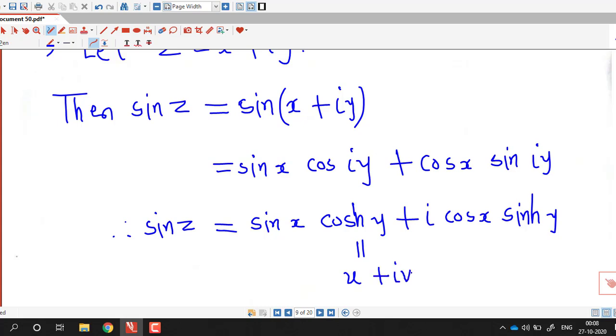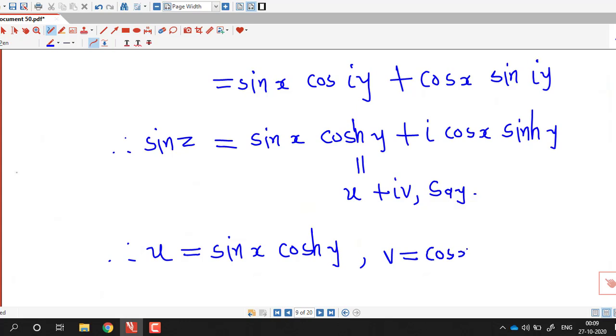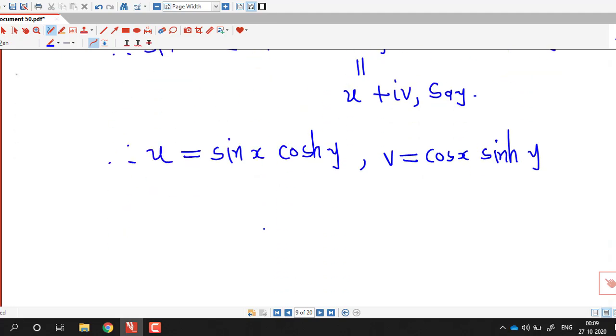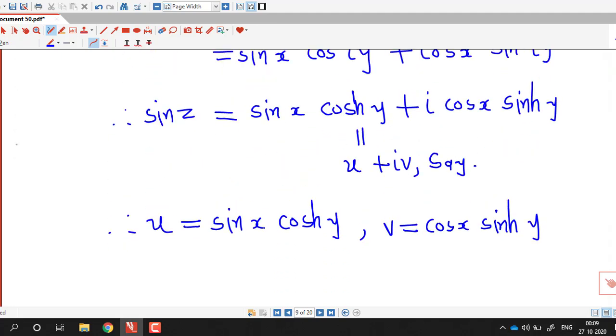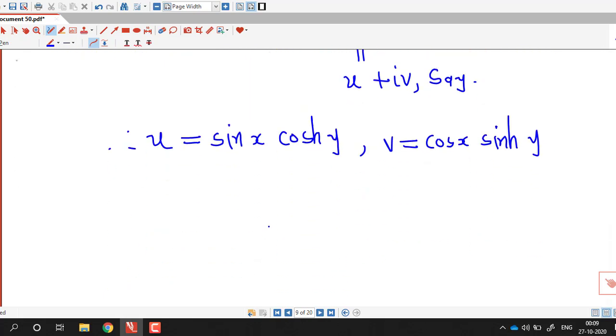If you assume this is equal to u plus iv, then you can see u is sin x cos hyperbolic y and v is cos x sin hyperbolic y. So we find the partial derivatives of u and v with respect to x and y.